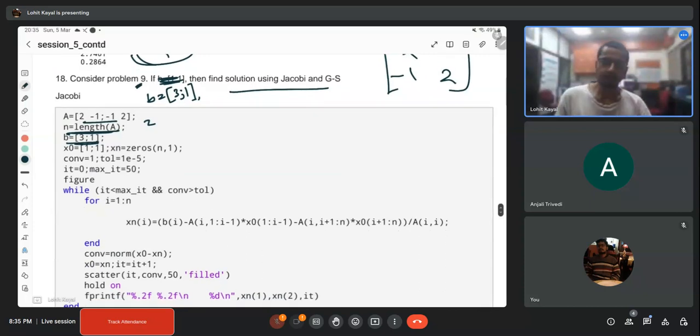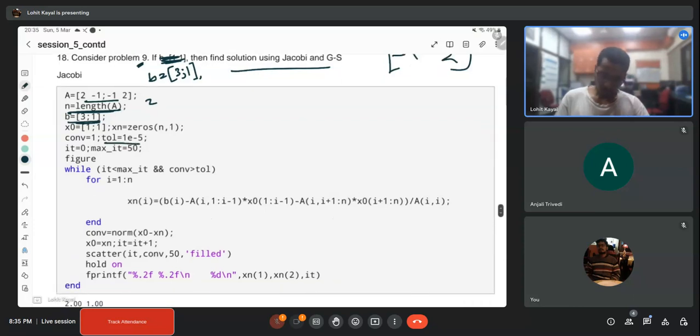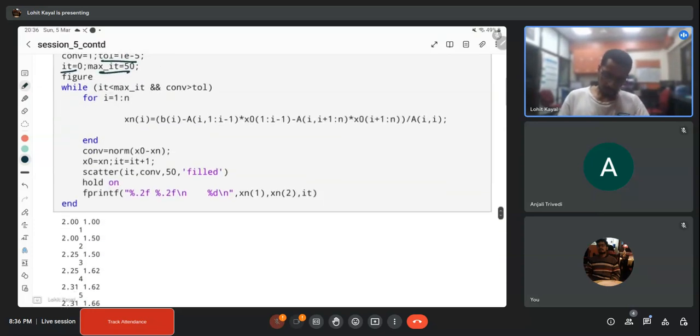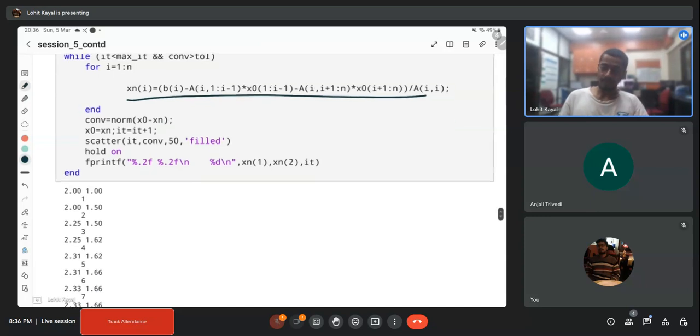Now here I am taking a slightly more accurate tolerance, 1e-5. Iteration starts with 0 and the maximum iteration will finish at 50. Now this is the condition. Again, the code is exactly the same. The only difference I have made is that I previously told you I will show how the convergence behaves with the iteration steps, and this is the addition for that.